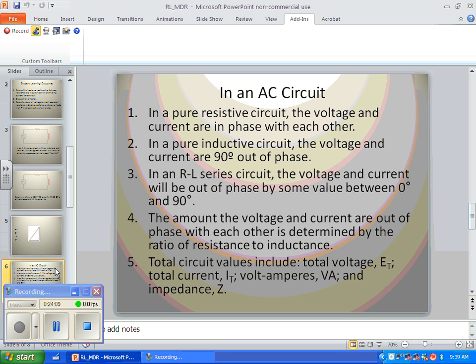Everywhere. It happens everywhere. Okay, so total circuit values include total voltage, total current, total resistance, total power, which is apparent power and true power. Now you have been told in DC the first semester that power is always additive.